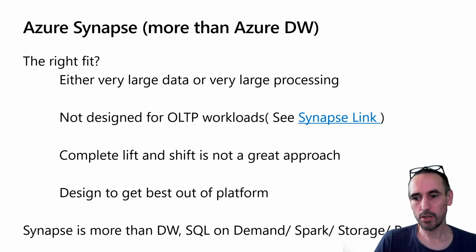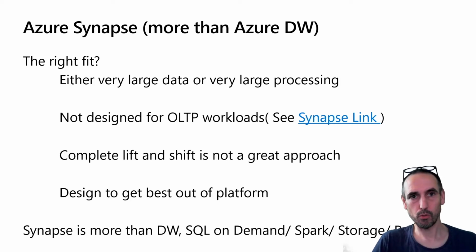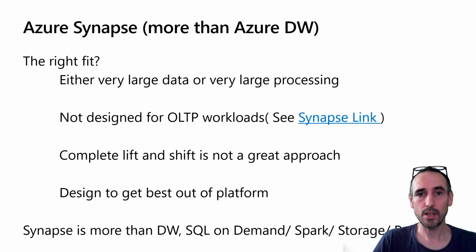Rather than assuming that the performance characteristics from your Netezza, Teradata, Exadata on-prem system will also apply in the cloud, it's not true. The way the hardware works in these appliances, where you have very, very fast InfiniBand connections between the compute and the storage, they're tightly coupled, means the access to the storage is amazingly fast.